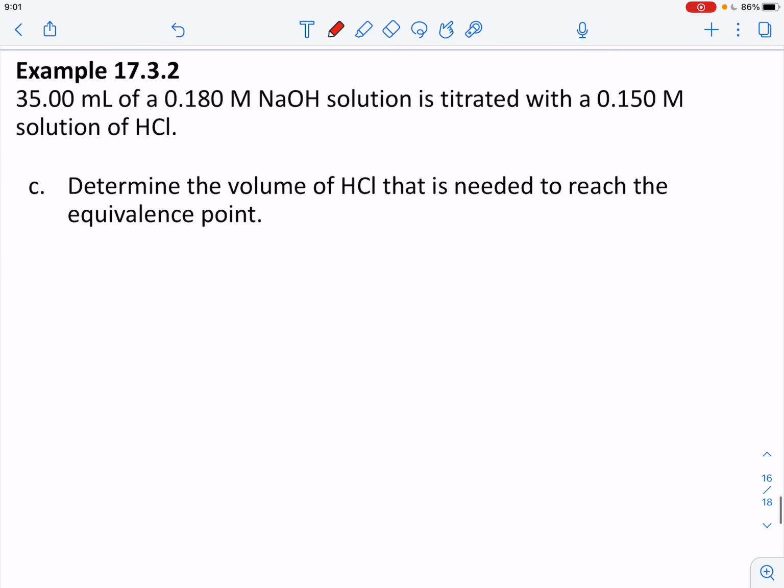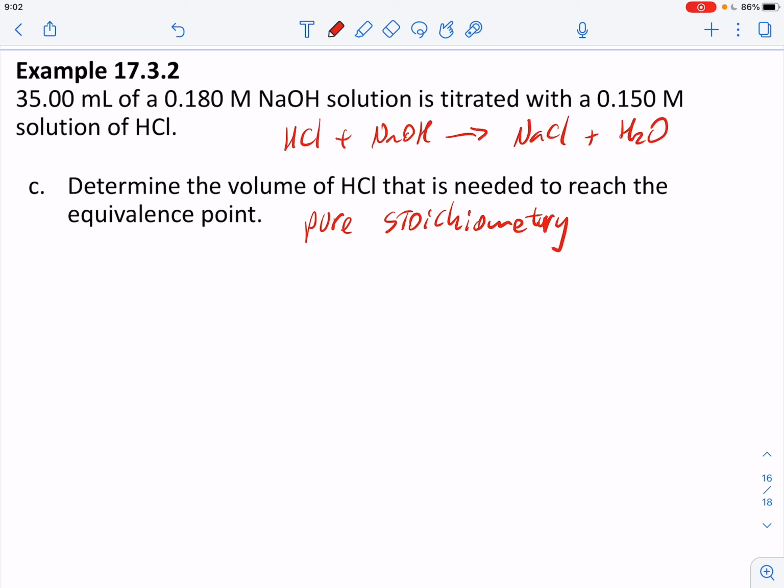Now, instead of asking what is the pH at the equivalence point, we ask how much volume of HCl you need to reach the equivalence point, and this is pure stoichiometry. Just remember the reaction is HCl plus NaOH gives you NaCl plus water, and it's a one-to-one reaction.